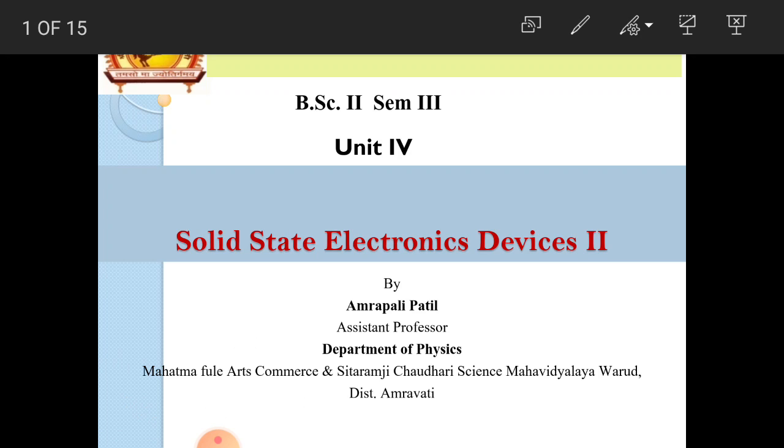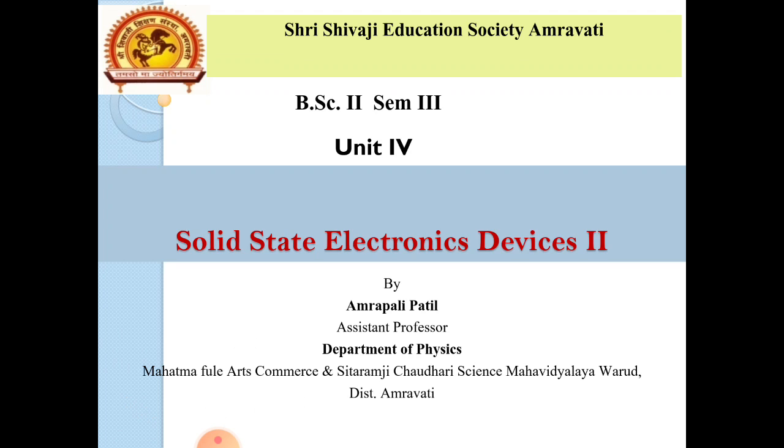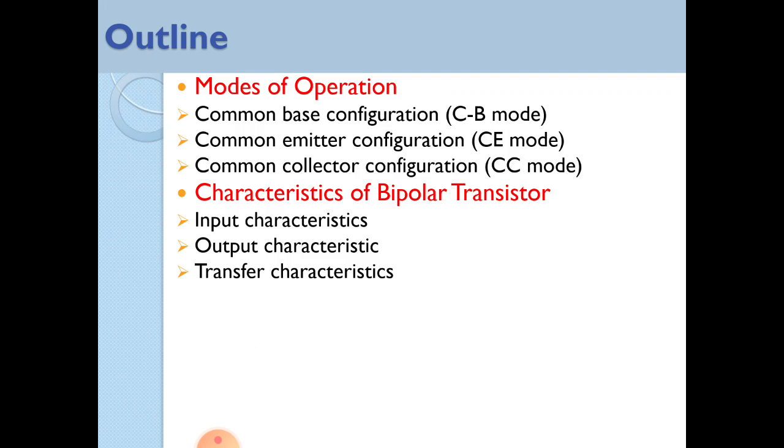This is our second lecture. In this lecture, we will discuss modes of operation. There are three types of modes of operation: common base configuration, common emitter configuration, and common collector configuration.